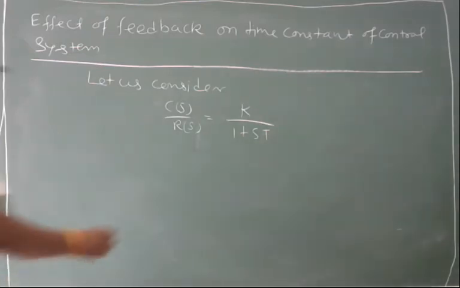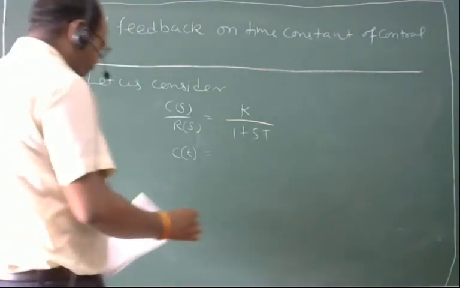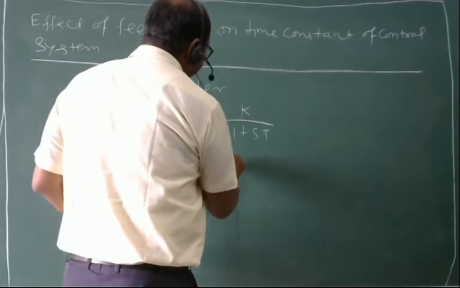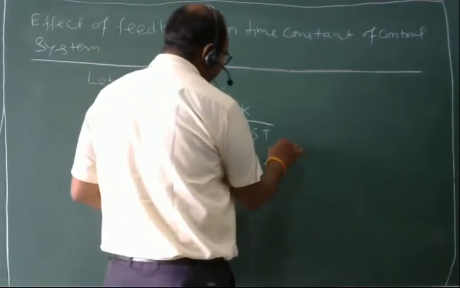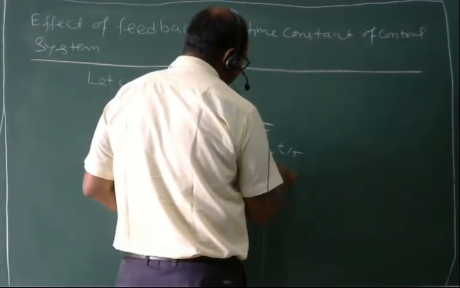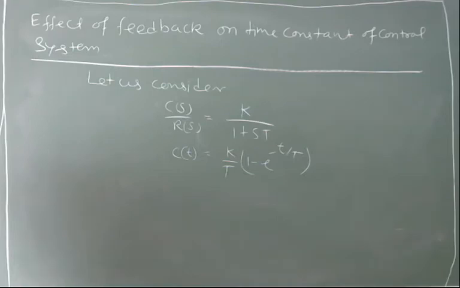In that case, our c(t) will be K times 1 minus e raised to minus t over T.